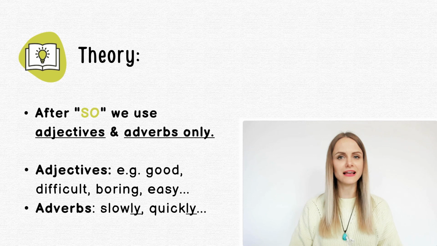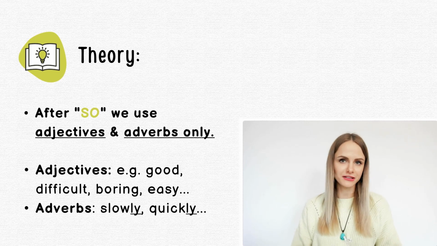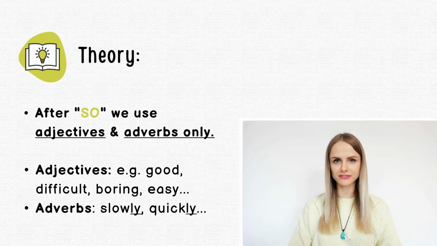So firstly, let's discuss the "so" structure. I guess this is the one that you actually use most often, so you shouldn't have any difficulty using it because after "so", we just use adjectives. Adjectives meaning good, difficult, bad, terrible, and so on.